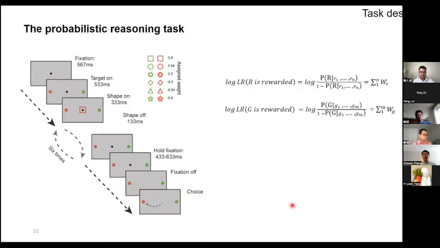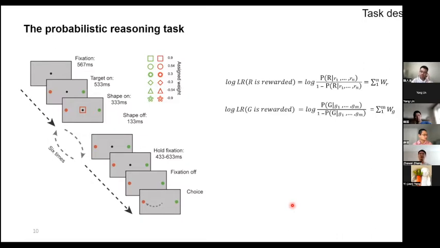The task we use is quite similar to that in Tianling's work, but this task is actually quite complicated, so I'd like to explain all the details again. In this task, the monkey made choices between two targets, a red one and a green one, based on six stimuli presented in each trial.